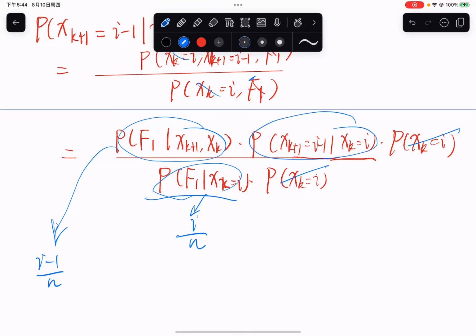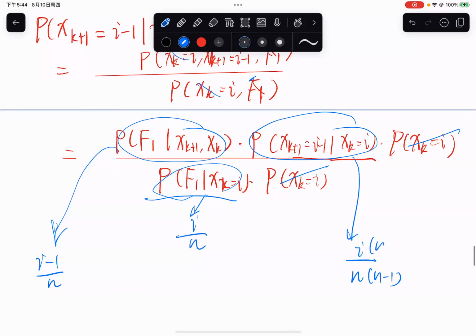And now it is the only part left. This part is that we need to pick out i balls from n, which is color 1. And meanwhile, we need to pick out n minus i other color balls in the system, with probability over n minus 1, right?